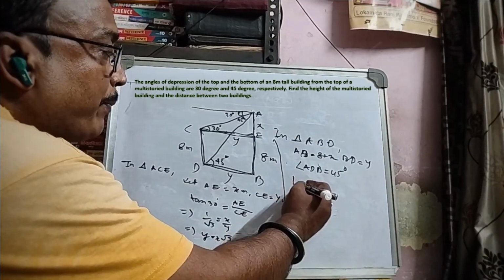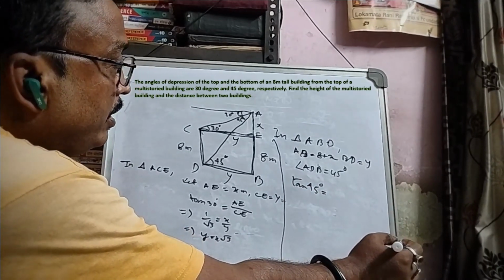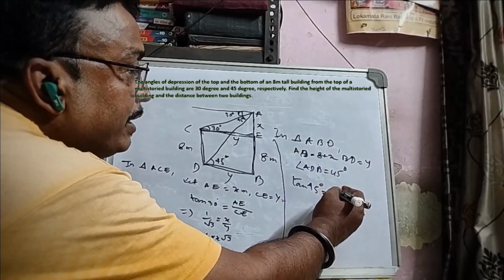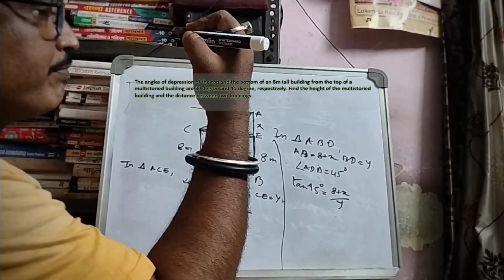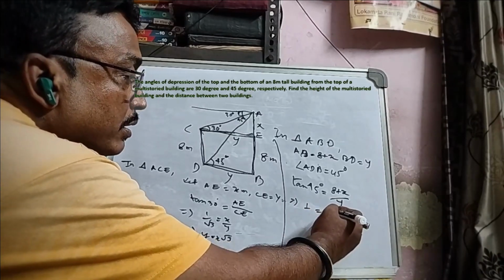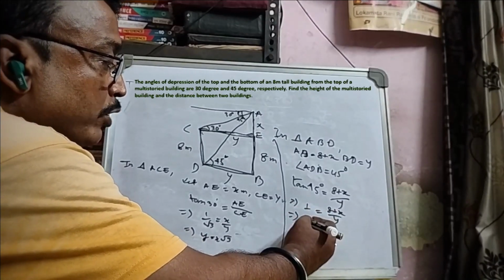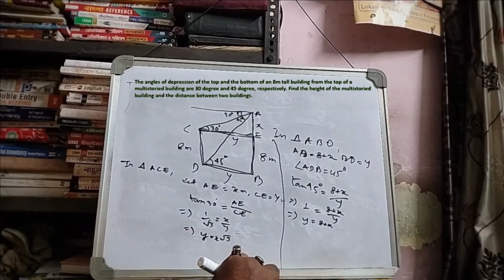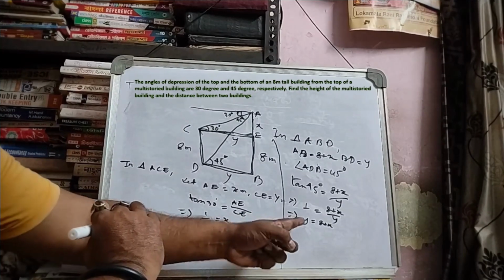So tan 45, written the same way, perpendicular by base. The value of tan 45 is 1. So y is equal to 8 plus x. Now we put the value y is equal to x root 3 here.